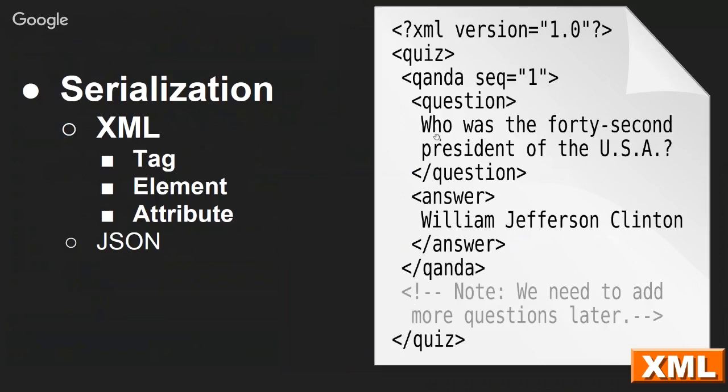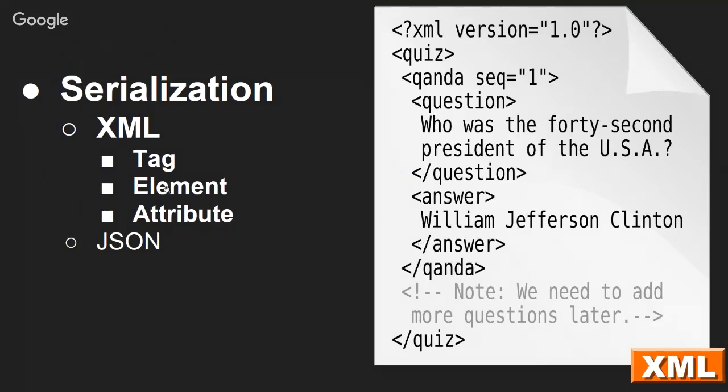If you open quiz, you have to close quiz. And these tags are case sensitive. So if you write a Q with uppercase, you need to write it here too with uppercase.